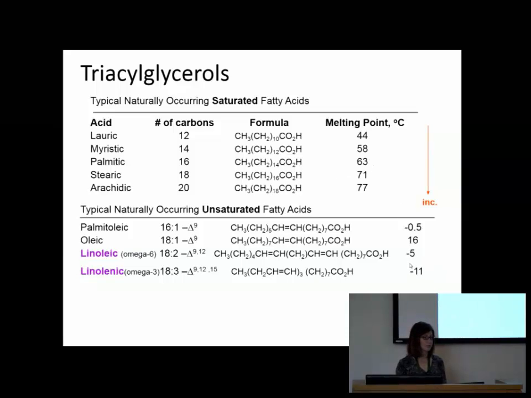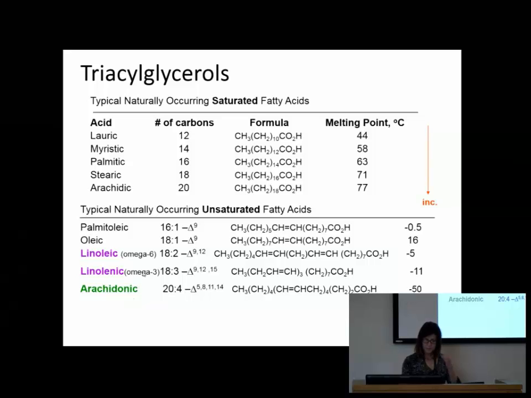Arachidonic acid, 4 double bonds. That's just crazy. Minus 50. So that's going to be liquid. Can you tell, when you have an unsaturated fatty acid, what is the state of matter going to be at room temperature? Is it going to be liquid or solid?